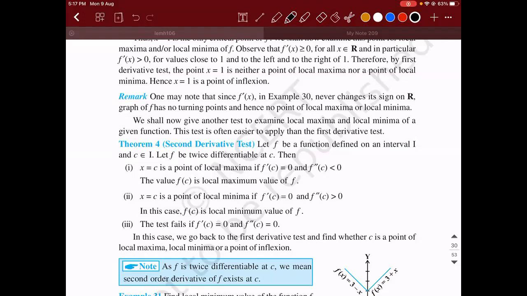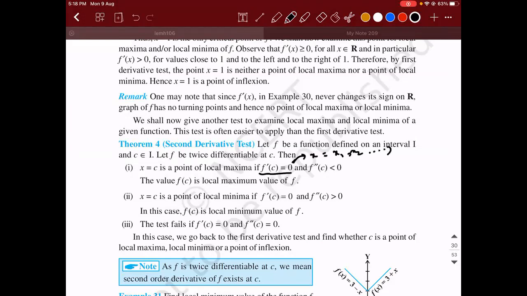When you do the second derivative test, the first step is to differentiate the function once and equate it to 0. When you equate it to 0, you will get different values of x, let's say x1, x2, and so on.